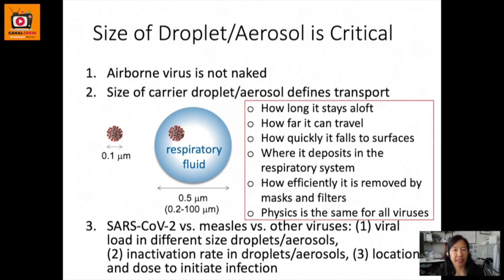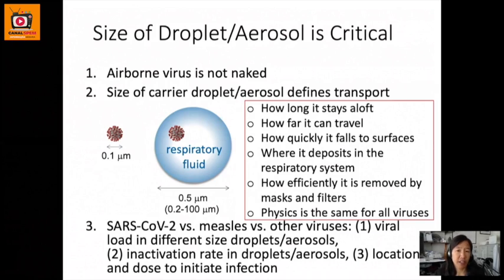It's possible that the distribution in different size droplets and aerosols could differ. There could be, for example, maybe more of measles virus in the smaller ones. The inactivation rate of different viruses in aerosols matters also. We know that this varies depending on the virus. Even different strains of influenza virus have different decay rates in droplets and aerosols.